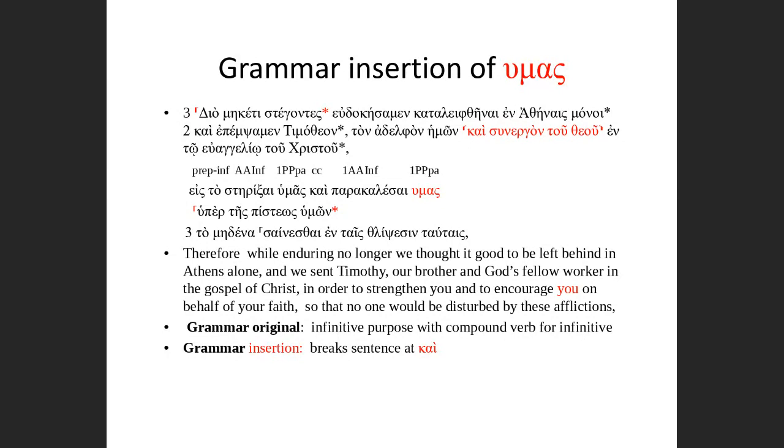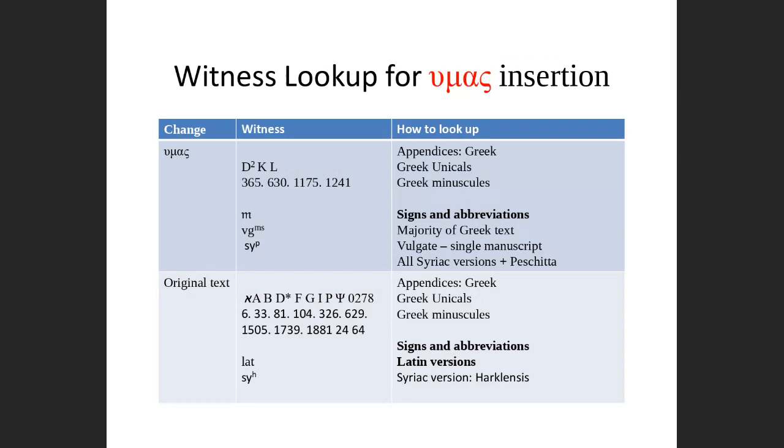So it doesn't have as strong a link to the original eis to as when you don't have it in there. So in that case, perhaps leaving it without the ymás strengthens the fact that ymás would be linked to both infinitives. So that's the way we judge. You sort of look at the structure, you think through it, and we talk about it.